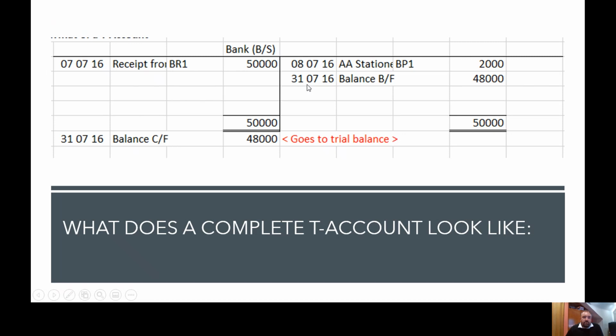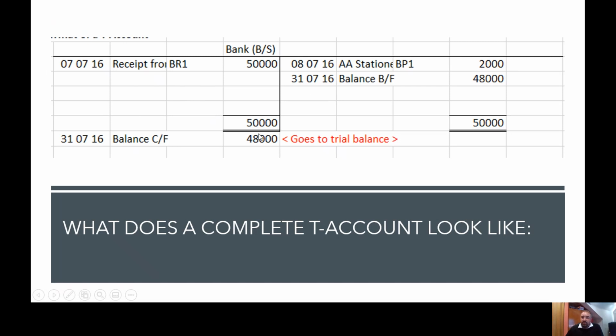You'll see all of the transactions. This is just the example of a little T account that I copied and pasted. So it's got a date, it's got a description, the transactions have a number, and we've got amounts. Now in this case, you'll see we've got a receipt of 50,000 and we pay out 2,000. So just ignore that line for the moment. If I got 50,000 and I pay out 2,000, how much do I actually have in the bank?